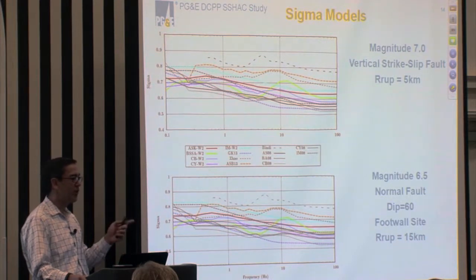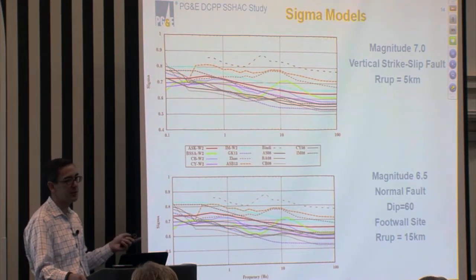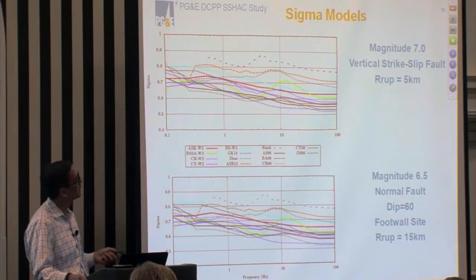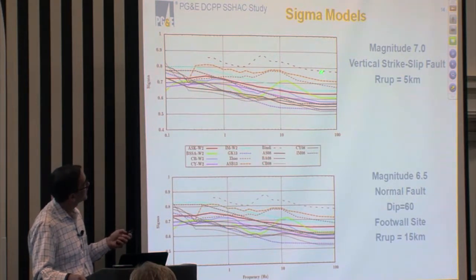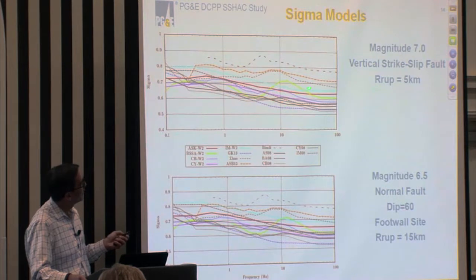When you break it out into contributions from the sigma and the median, you can clearly see why they're separating. The two highest sigma models are coming from Akkar et al. and Bindi, the two European data sets, and the NGA models are a little bit lower and cluster down in this range.